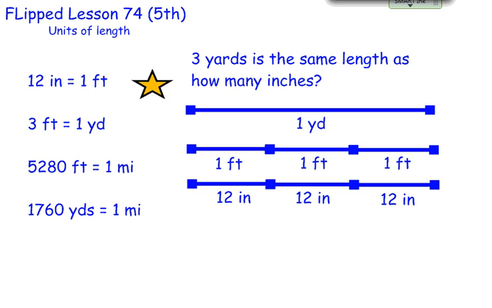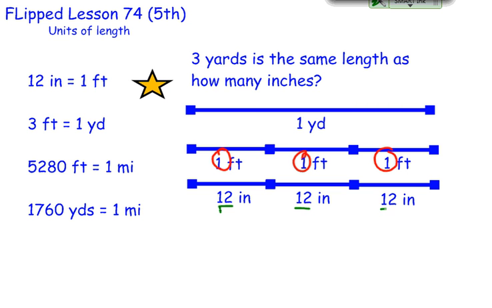By doing this, I started by putting a picture there for you to help you understand exactly what we're talking about. We know 1 yard is equal to 3 feet. Okay? So we see 1 foot, 2 feet, 3 feet. Right? And we also know the relationship between a foot and inches. 1 foot is 12 inches.